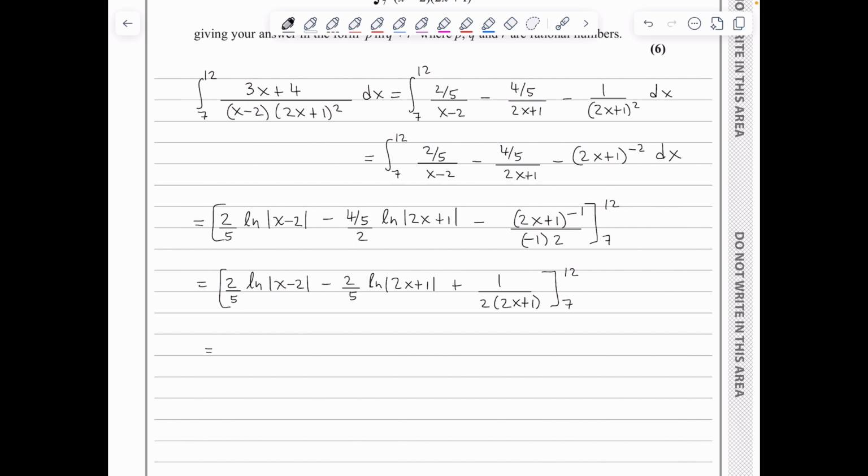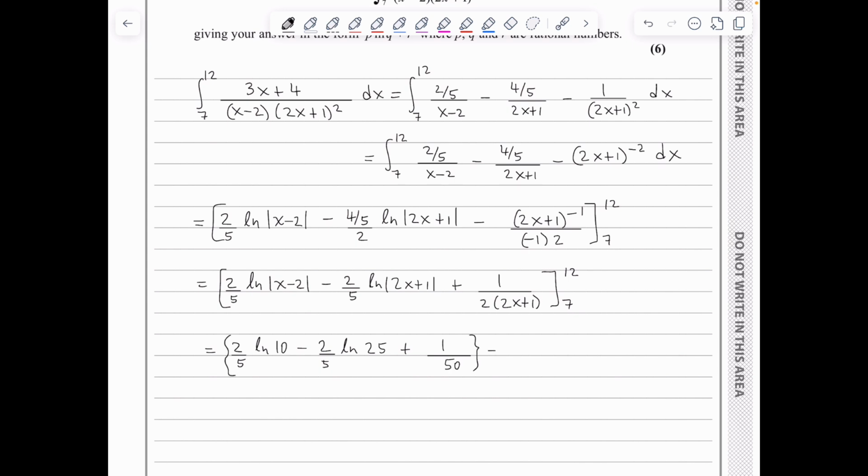I will substitute the upper limit, leading to 2/5 ln(12 - 2), which is ln 10, minus 2/5 ln(2 times 12 + 1), which is ln 25, plus 1 over 2 times 25, which is 1/50. So this is the upper limit substituted.